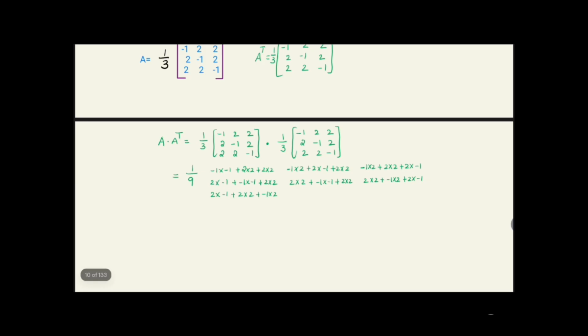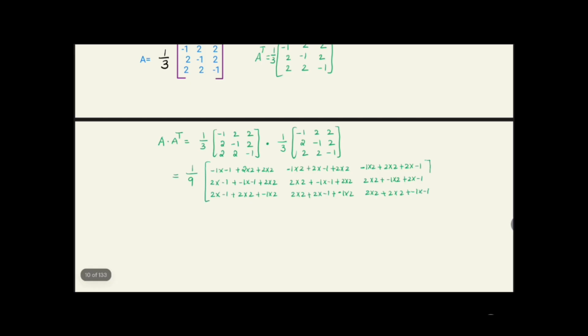Third row, second column: 2 into 2 plus 2 into minus 1 plus minus 1 into 2. Third row, third column: 2 into 2 plus 2 into 2 plus minus 1 into minus 1.